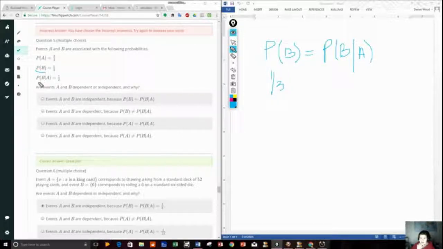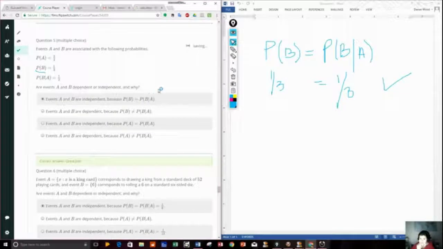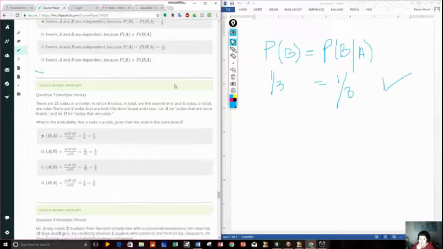And fortunate enough, we have the probability of B given A, which equals 1/3. So yes, they are independent because the probability of B is equal to probability of B given A. And the order there does matter. Okay.